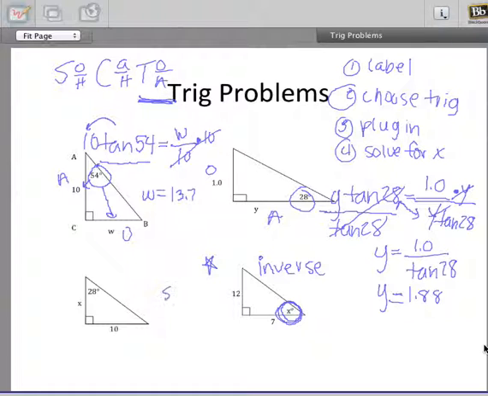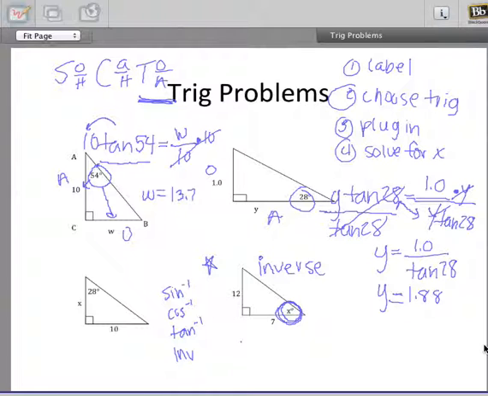And what that'll do is bring the sine inverse, or the cosine inverse, or the tangent inverse. If you're using the calculator from Google, then there's actually an INV button that you're going to press, inverse, and then the trig ratio that we decide.